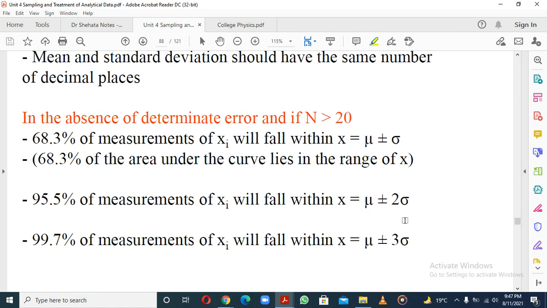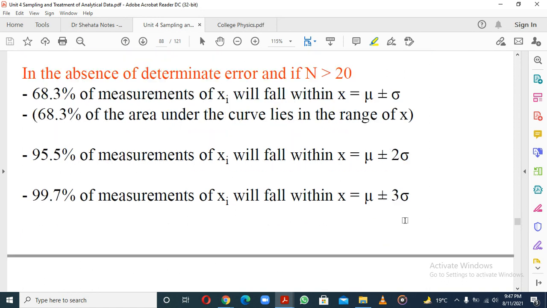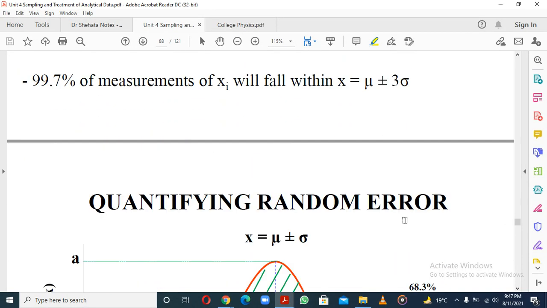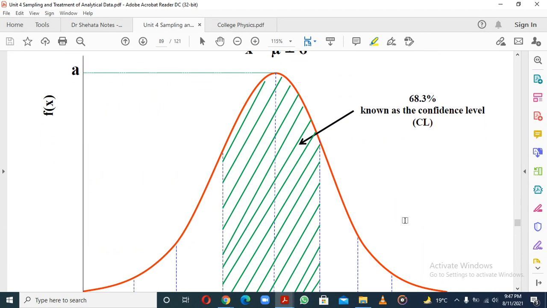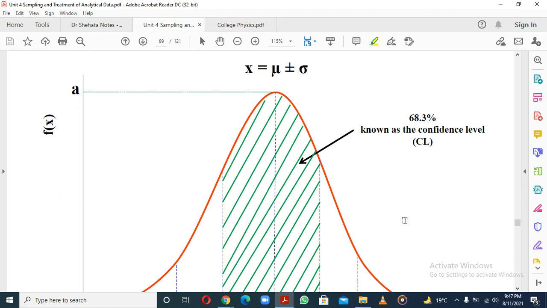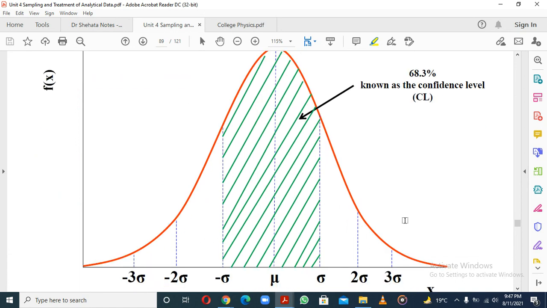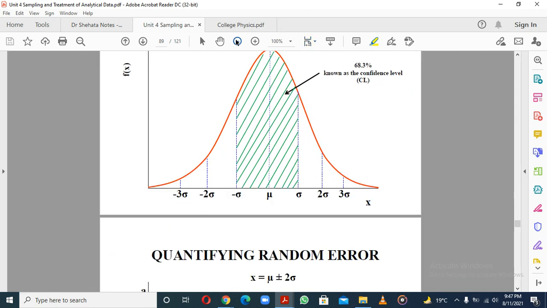So these are things which I've explained there, but the diagram is going to explain exactly. So now, this one is mu plus minus standard deviation 1. So you see that the values, let me just reduce this so that people can see this better.